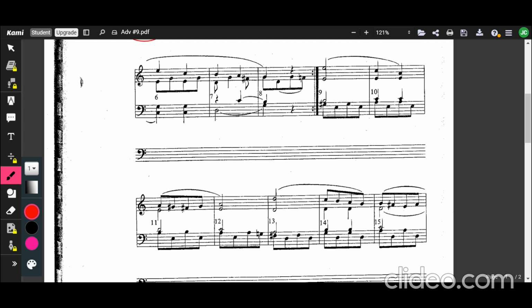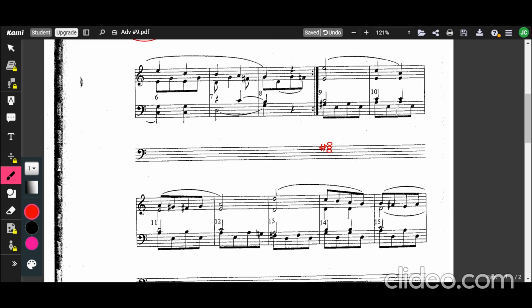For measure 9, we can see that the lowest note in the chord is an E, and then above that we have an F sharp and a B. In the treble clef we just have two E's, which are repeats of what we have, so we have a root position chord for E major.